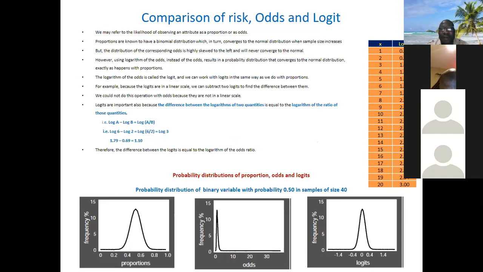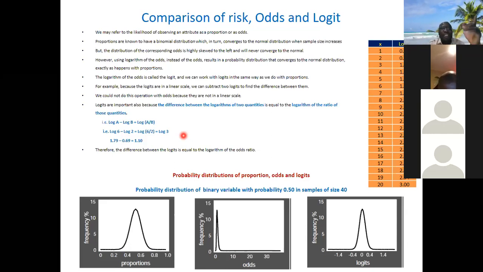You know that 6 minus 2 is naturally not equal to 3, because 6 minus 2 is 4. But logarithm of 6 minus logarithm of 2 is the same thing as logarithm of 3.